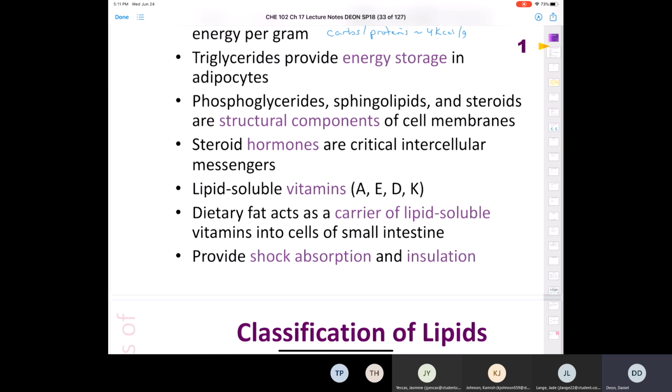And of course, we use them for protection as a shock absorber or a protective layer over our vital organs. And of course, insulation: the fat stored beneath our skin, which is called subcutaneous fat, serves to insulate our bodies from extreme cold temperatures. Anyhow, there we go.